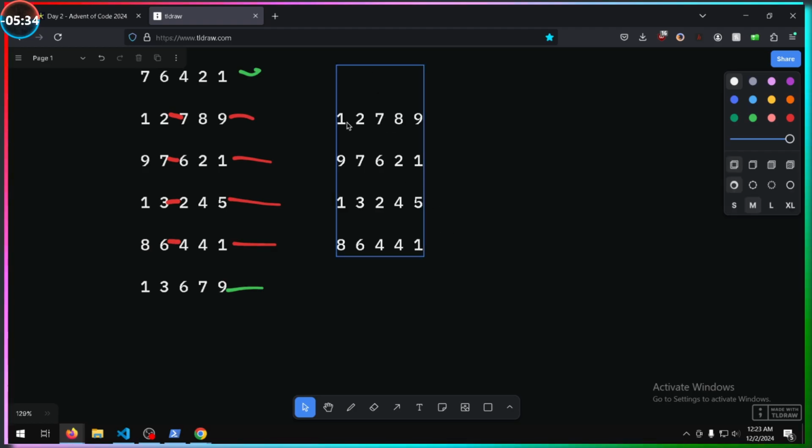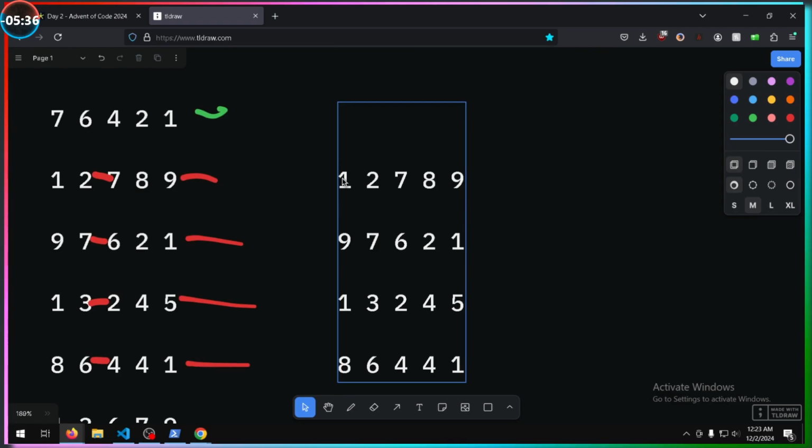Right. So the way I approached it was I was just like, let me remove every single one at some point. So it's basically just being like, okay, if you didn't have this floor, would this report be valid? No? Okay, what if you didn't have this one? Would it be valid?